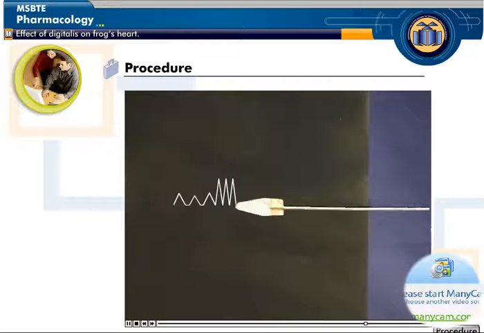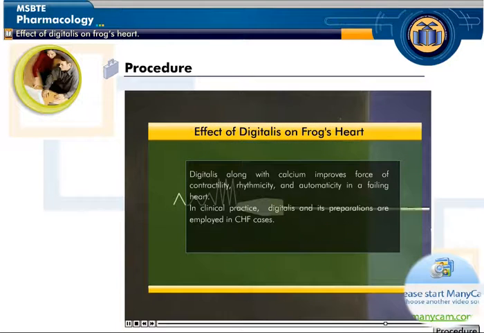Repeat the same with 0.2, 0.3 and 0.4 ml each of digoxin and calcium chloride solution for further improvement in cardiac activity till normal state is attained.